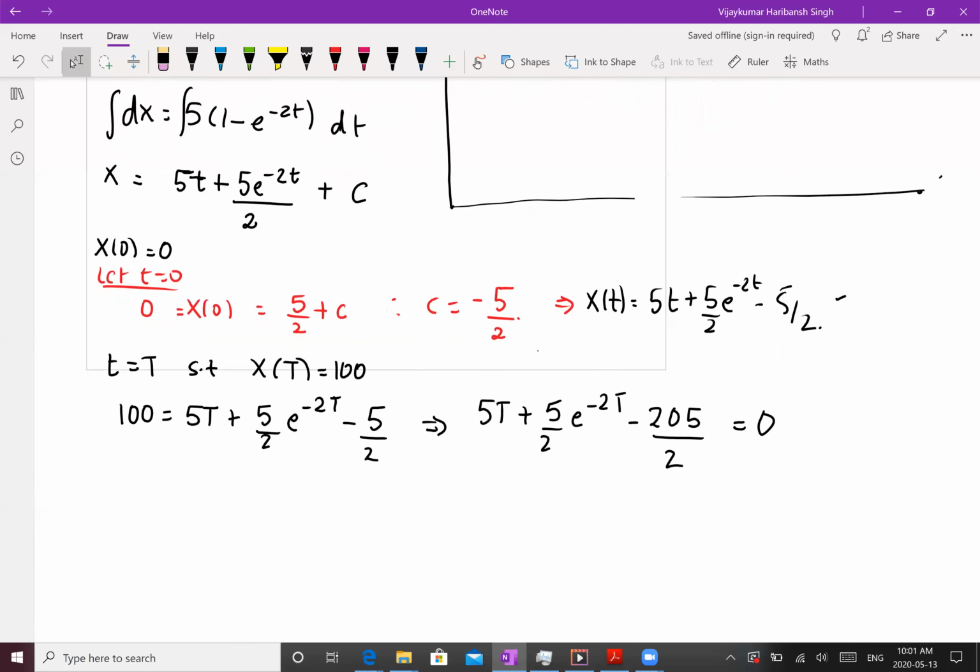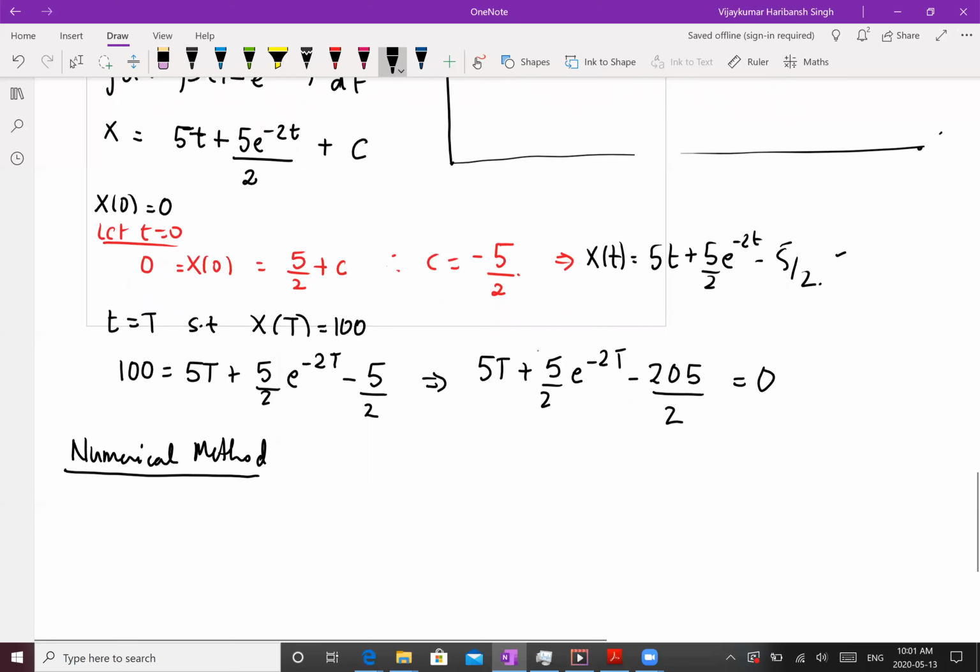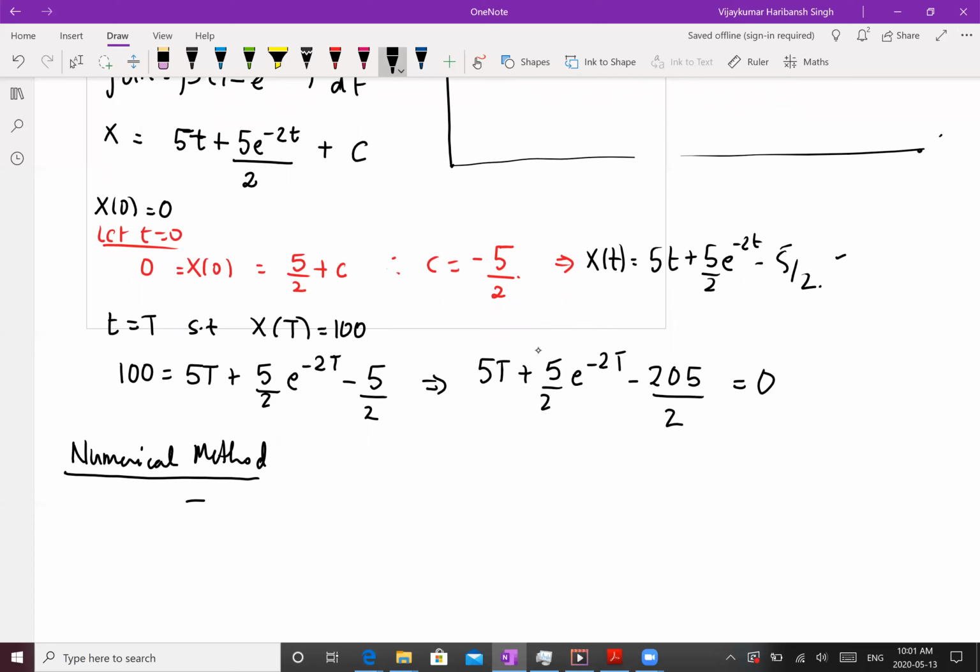Now you can't solve this directly, so use numerical methods. Do we know any numerical methods? Of course you do. You know about Newton's method from your Calc 1. Newton's method was devised to find the solution or zero of an equation, right? So you can use that. We can see that this is going to be roughly 20.5, and things are measured in seconds.